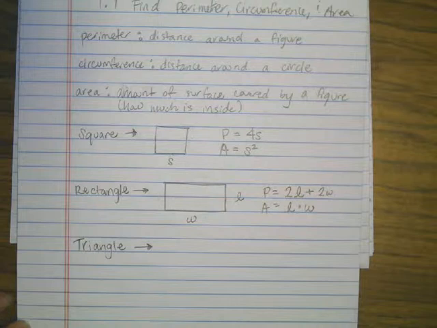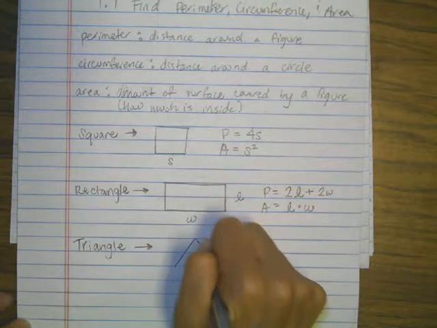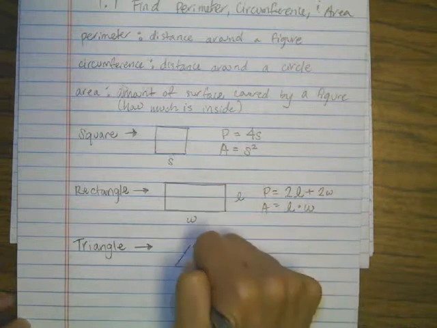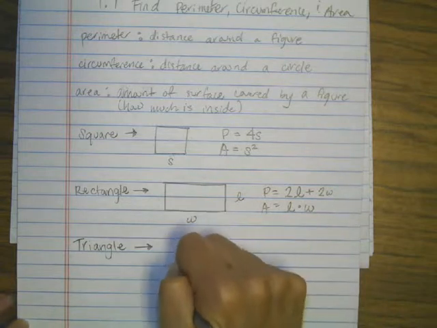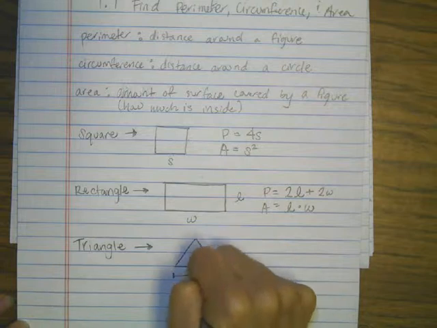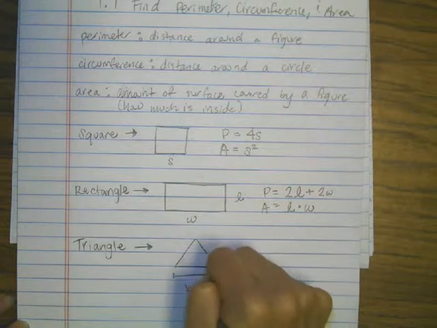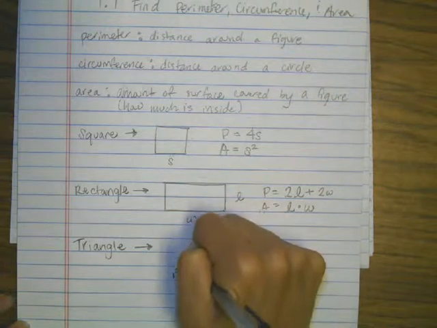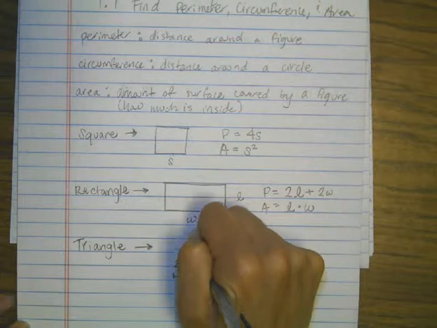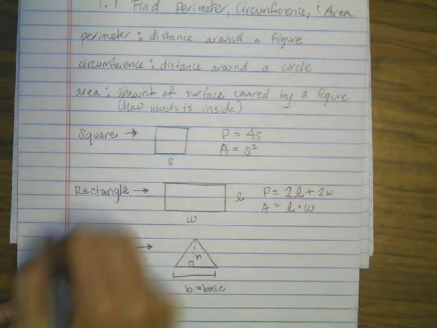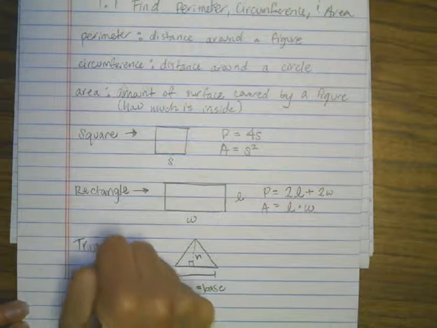Okay, so let's say we have a triangle. This is going to be called B for base. And then triangles have what you call a height. So this value in here is H. And I'm going to put over here H equals the height of the triangle.